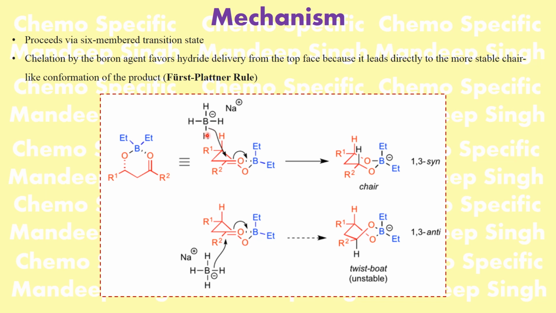And this particular hydride, these sigma electrons are perfectly placed, anti-periplanar to the carbon-oxygen sigma star orbital. That is why it is taking from the top face. And now here's a short video in which I have explained exactly this with the help of the molecular model. So have a look at this video.